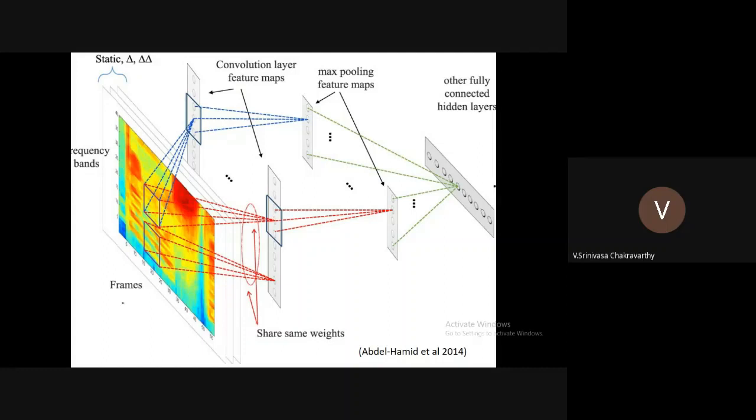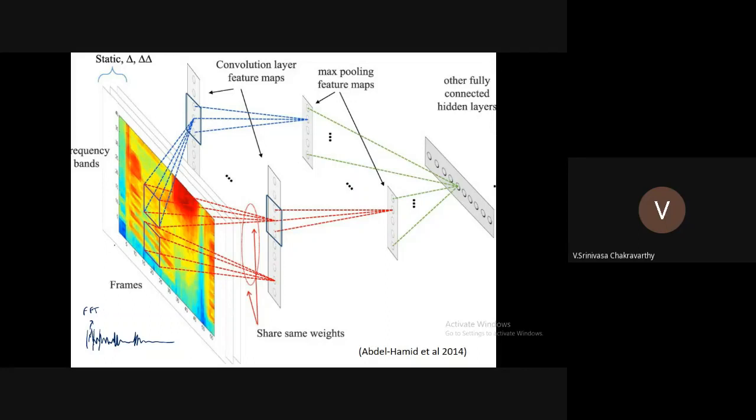So you have, let us say, a speech signal like this. You divide this into small chunks, and from each chunk they do a Fourier transform. They compute the FFT, and you get the frequency spectrum over that small chunk of the signal, and that becomes one column of this image.